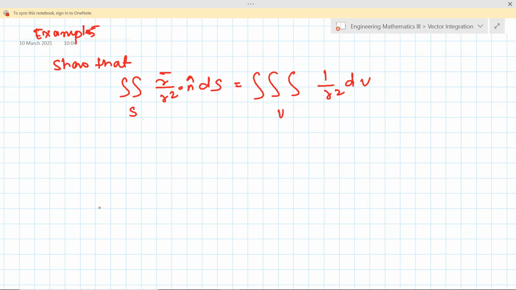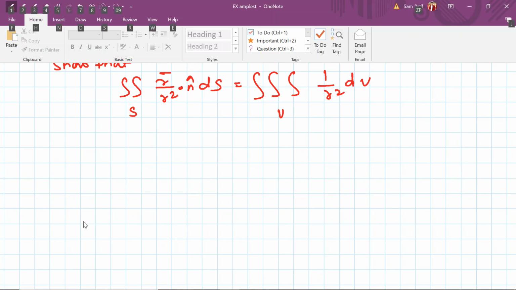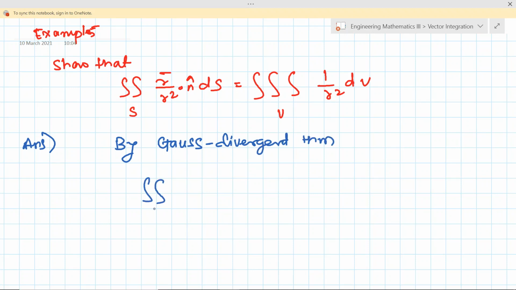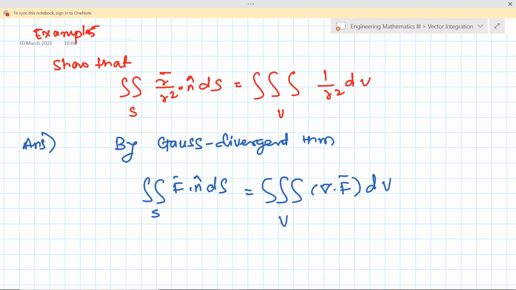This is very simple. By Gauss divergence theorem, the surface integral of f bar dot n cap ds over S is equal to the volume integral of del dot f bar dv over V. Now what is f bar here?